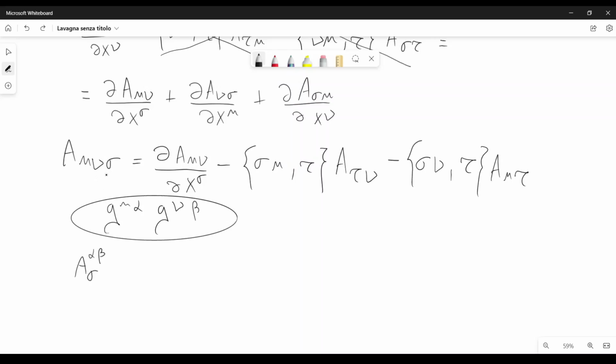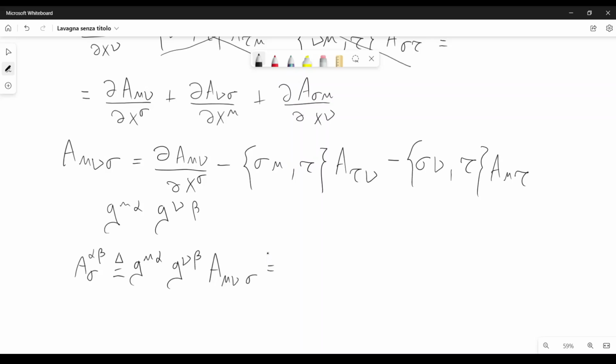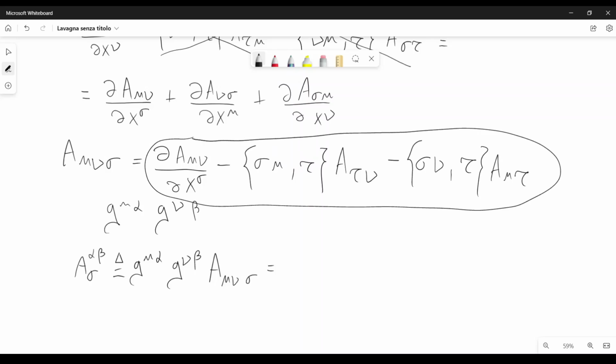We are going to get a tensor with two upper indices α, β and one lower index σ. So we define this tensor to be g^{μα} g^{νβ} A_{μν;σ}. Then we have to do something similar on the right of the expression.